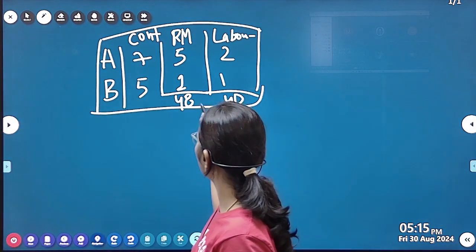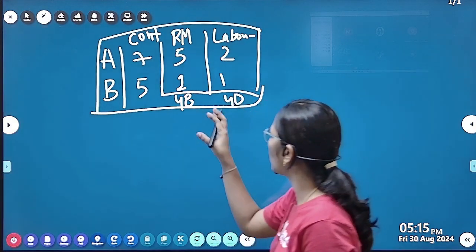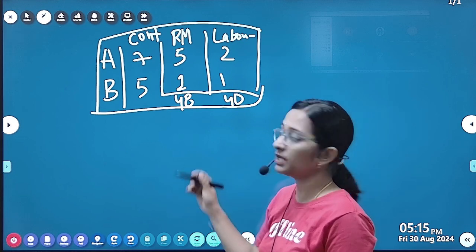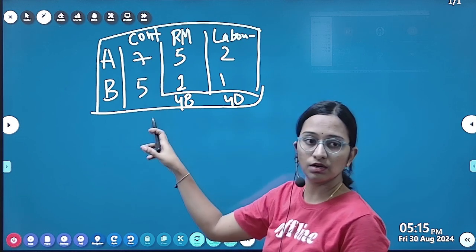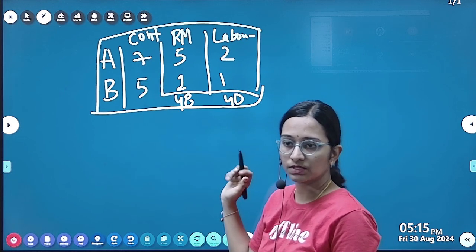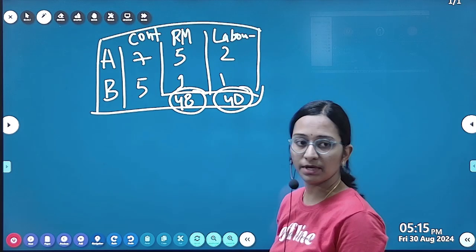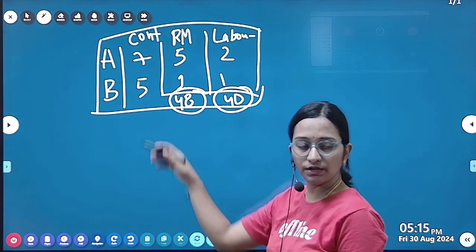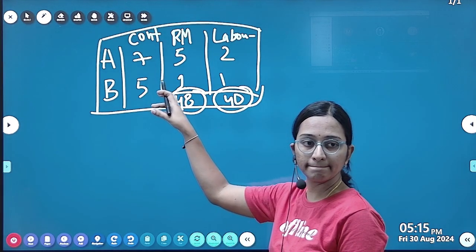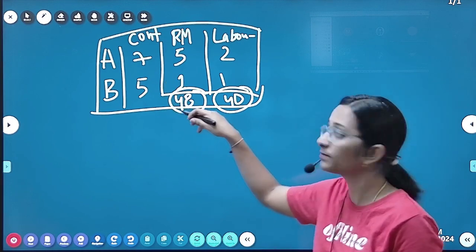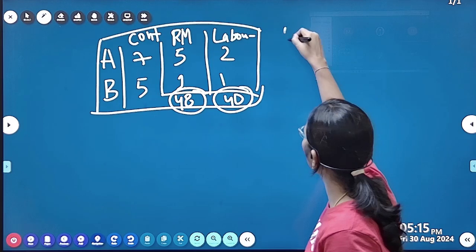So he has given the maximum values for the raw material and labor, so we need to maximize the contribution. These are the raw material units available and these are the labor hours available. So tell me the objective function.